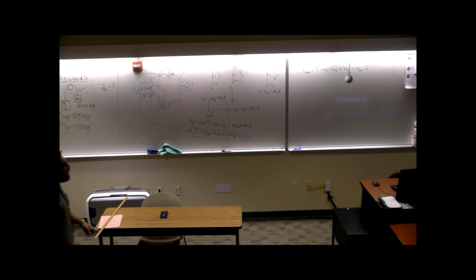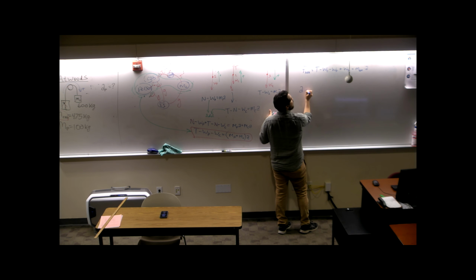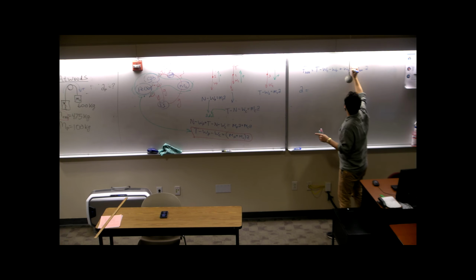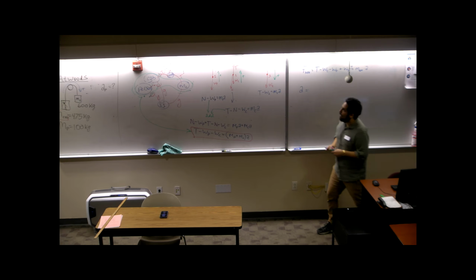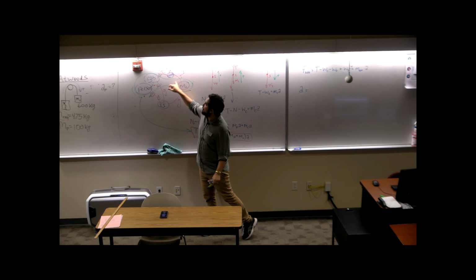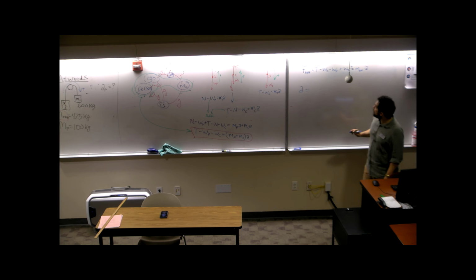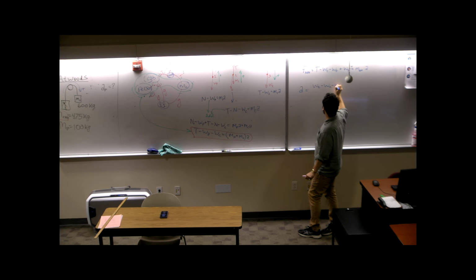We combine multiple objects into one system, and what do we end up with? We end up with the acceleration is equal to, oh sorry, I forgot one of my tensions. Minus tension there. Tension should cancel out. We have the tension interaction in both places. So you get the acceleration is weight 2 minus weight of the cab minus weight of the person divided by the total mass of all 3 objects.